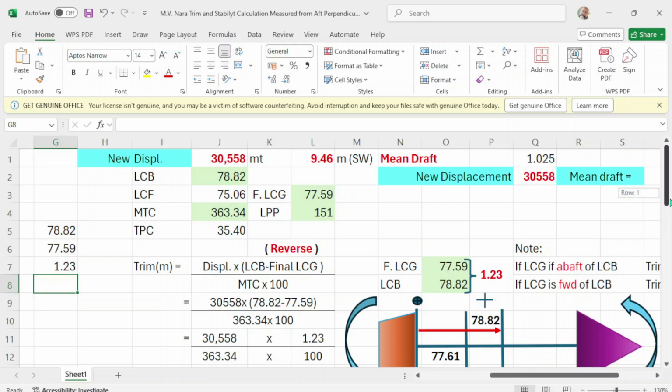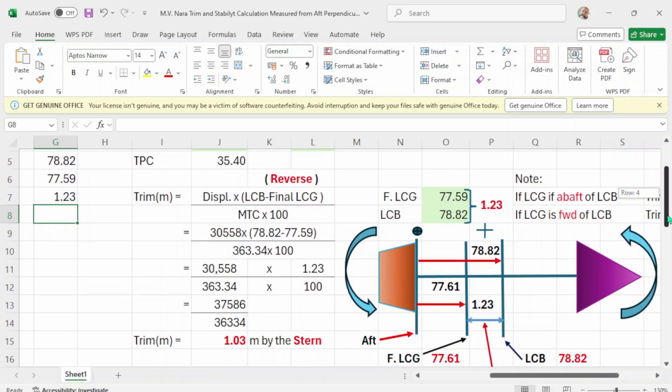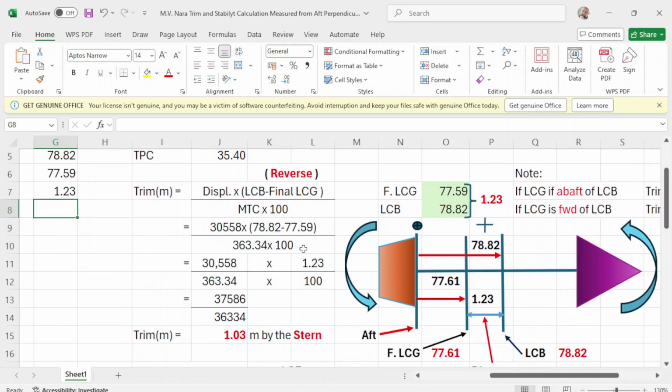So you have here 1.23, and this will be your displacement over your MTC times 100.